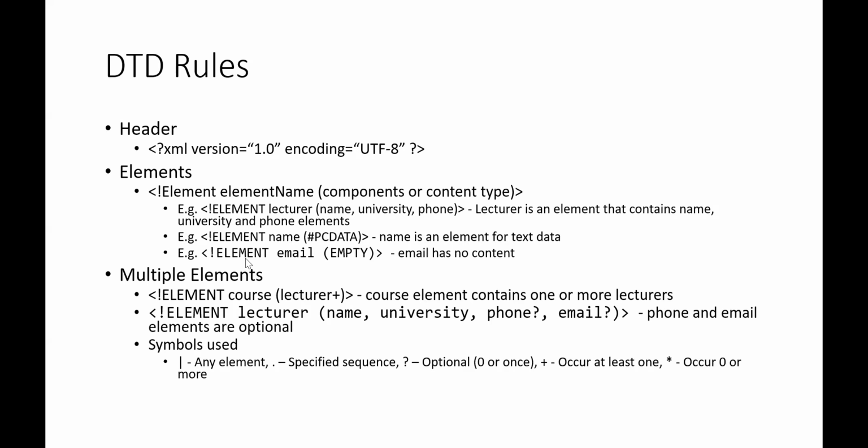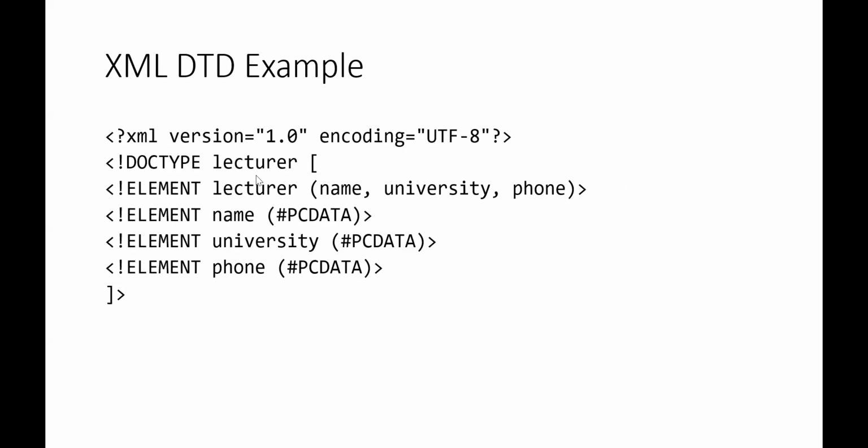One thing that is missing here is the DOCTYPE. What this defines is the DTD. The lecturer specifies the structure of the document. So that's what comes up here. I think now it's clear. This will define the lecturer with three elements, and each of these elements, you will see, can have text information.